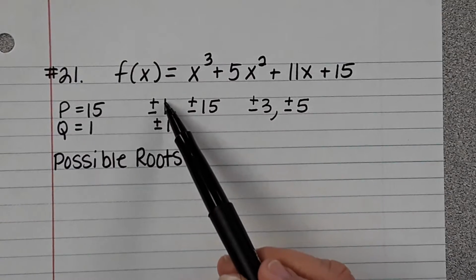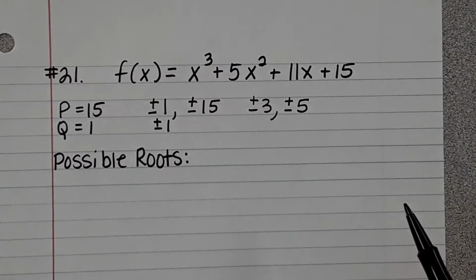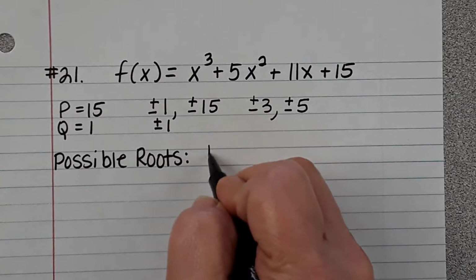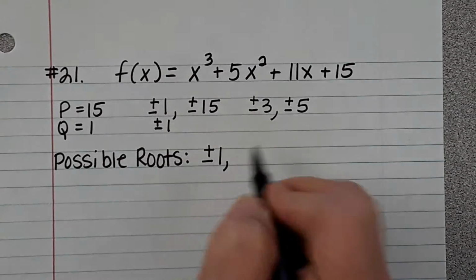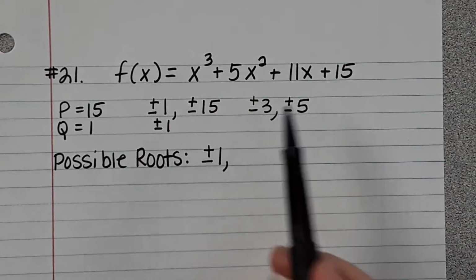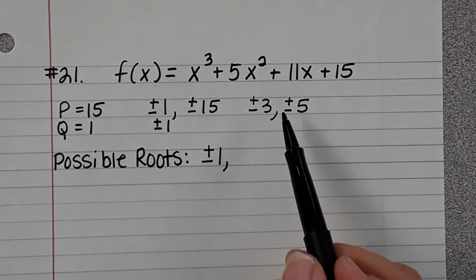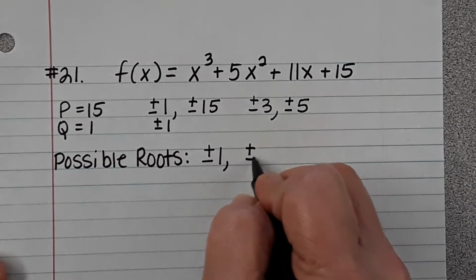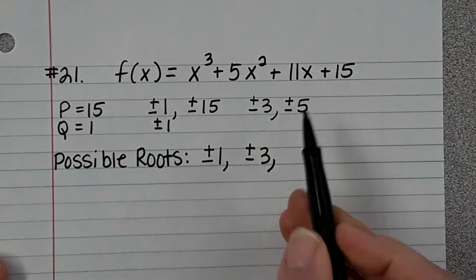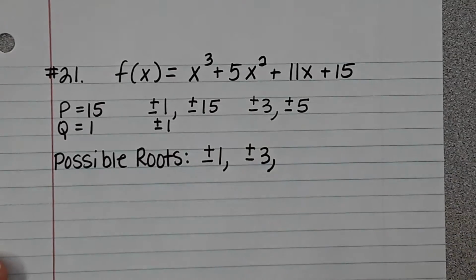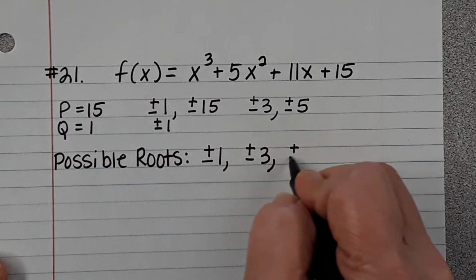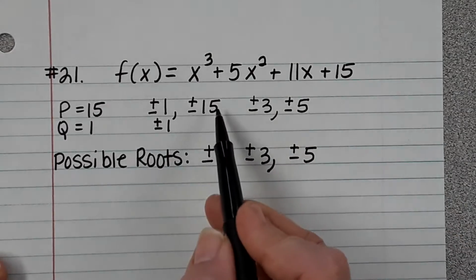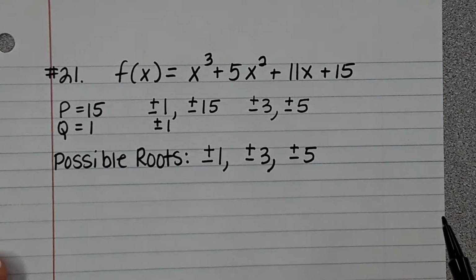So positive or negative 1 over positive negative 1 equals what? 1. Positive negative 1. Now we're going to go to the 3. Positive negative 3 over positive negative 1. Positive negative 5 over positive negative 1. And then positive negative 15 over positive negative 1.